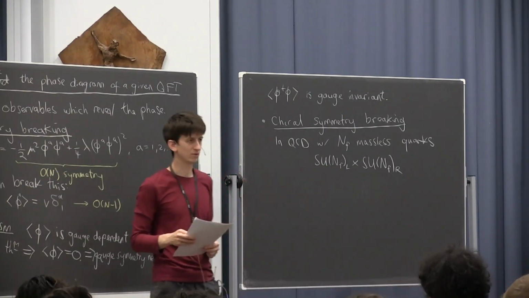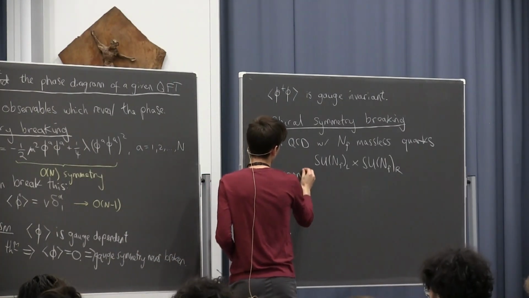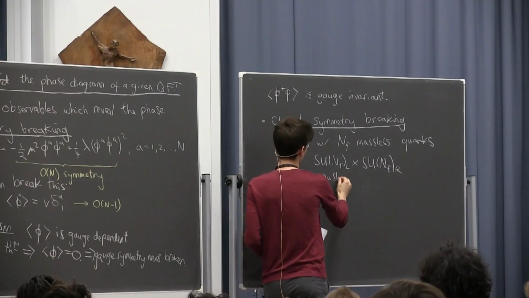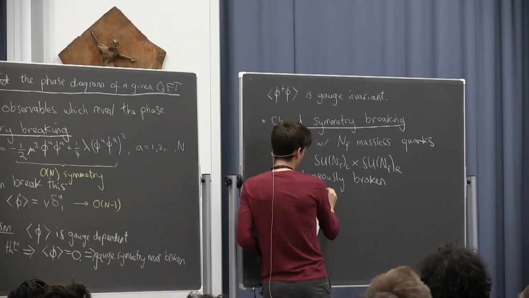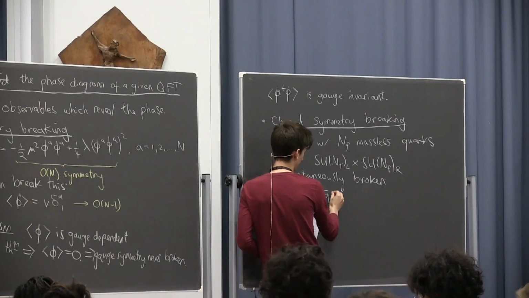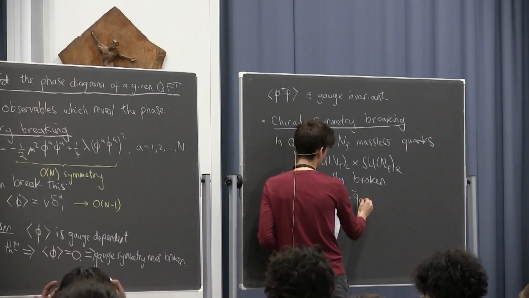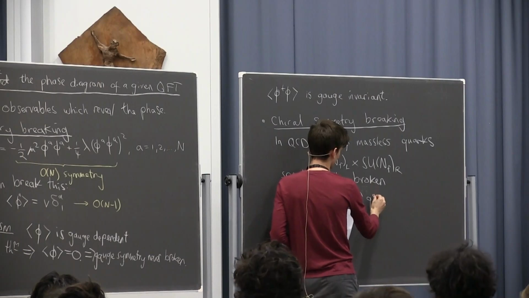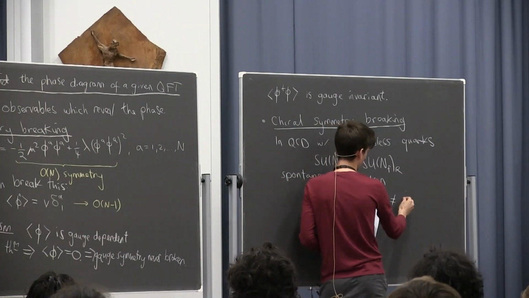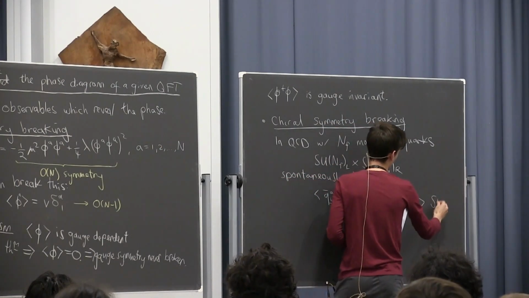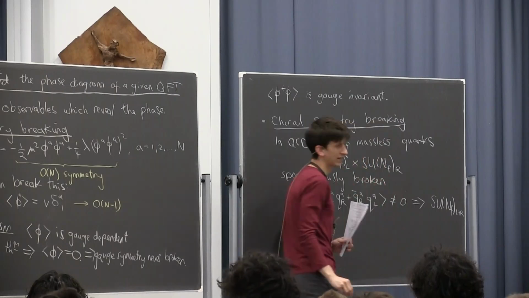You have two copies of the flavor symmetry group, one for the left-handed quarks and one for the right-handed quarks. But this can be spontaneously broken by something like this: quark left, quark right, plus right left. If this is non-zero, then we break the symmetry down to the diagonal subgroup.